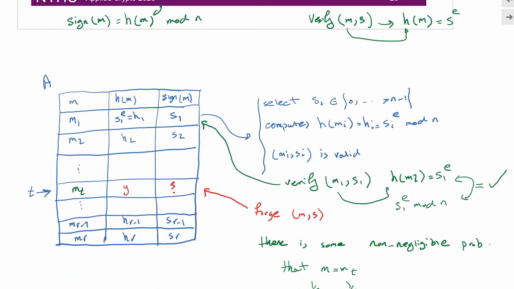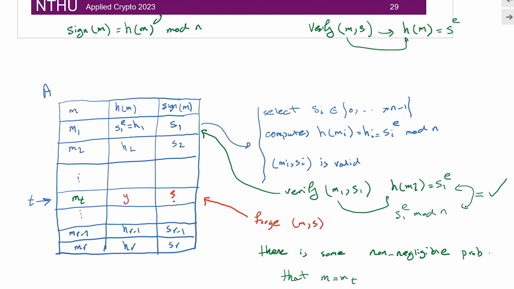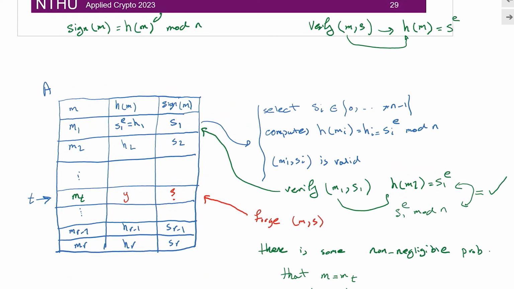And then there are some probabilities over here that we need to take care of. We need to do the computation and make sure that what we are doing is correct. But here what we have done is basically we simulated the oracle H and the signature oracle, without knowing the secret exponent d, the private key.